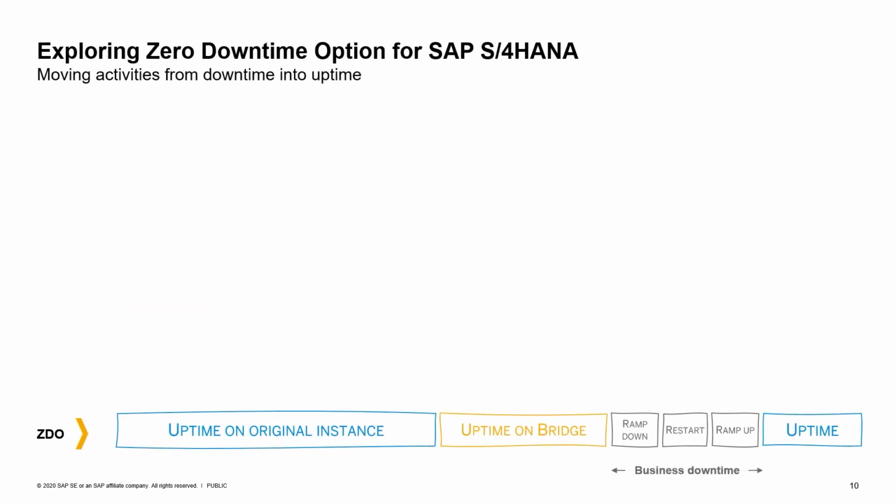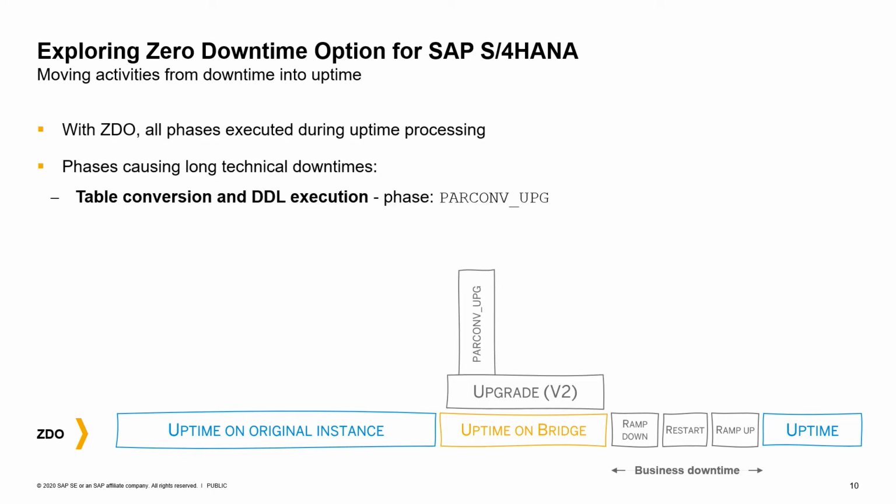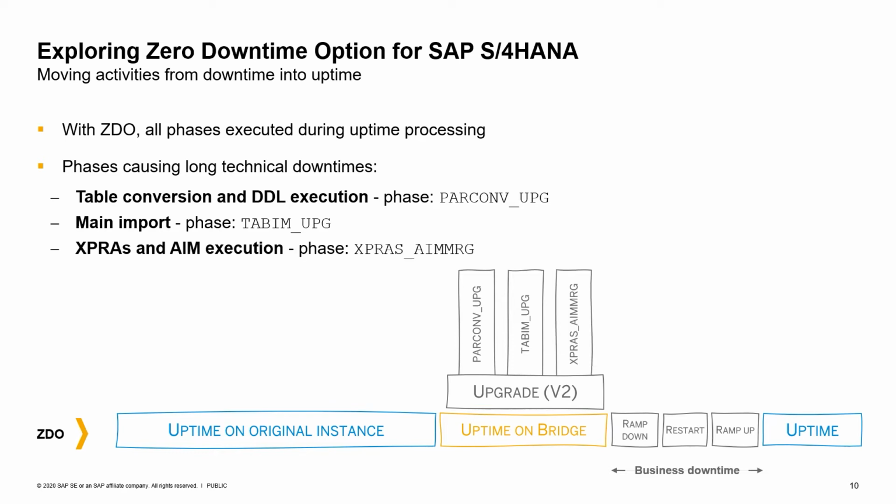Now, how does that work? We're going to take a look at some technical details in the next couple of minutes. The main downtime drivers that we have observed are PARCONF UPG, which deals with the table conversion and all the data definition language executions like new indexes, etc. Also, the main import, so importing table content that comes from SAP, probably new customizing, etc., is one of the downtime drivers.